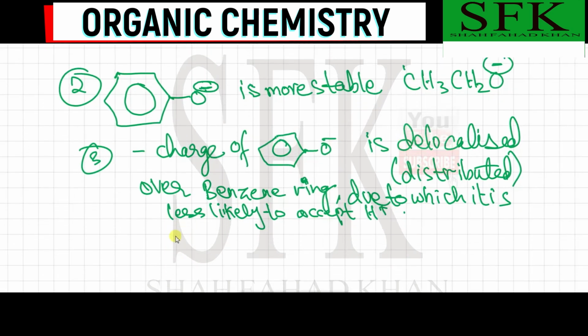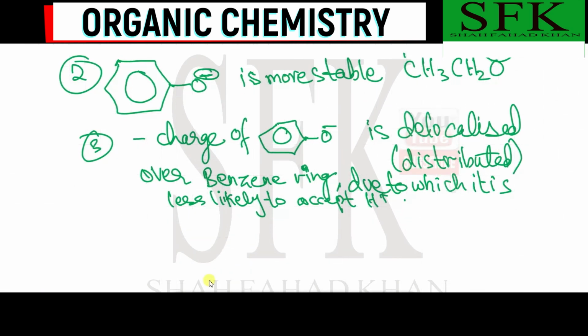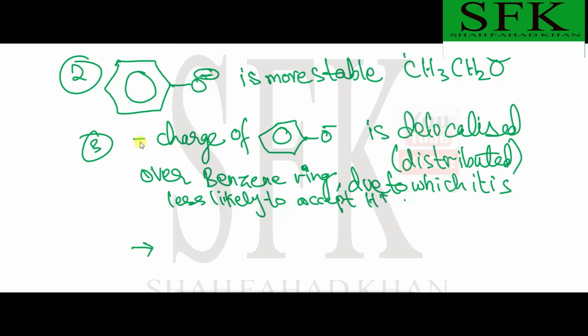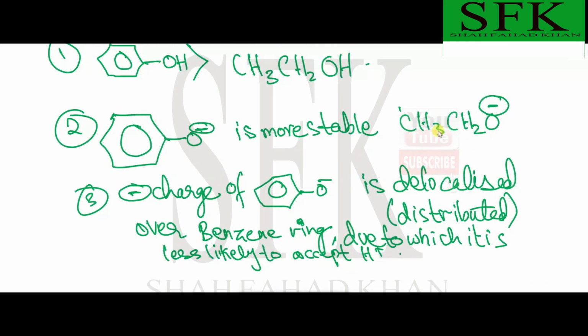But now, what are the additional points that you may include in your answer? Basically, the alternative valid points of the marking scheme. The negative charge of phenoxide is delocalized over the benzene ring. This has been covered. And you may write about the positive inductive effect in the ethoxide ion.